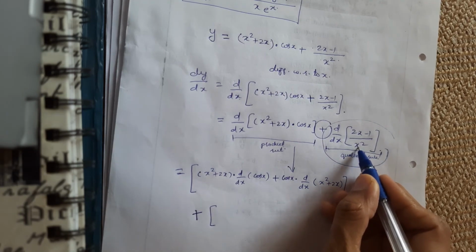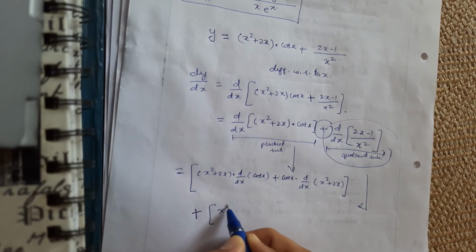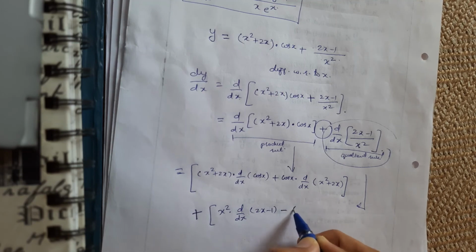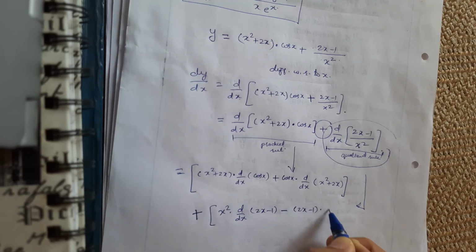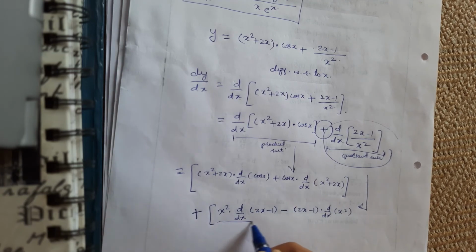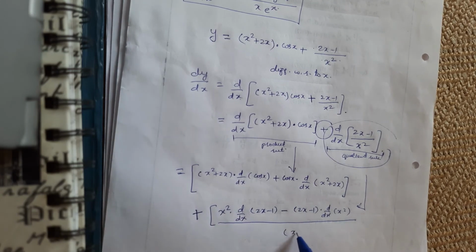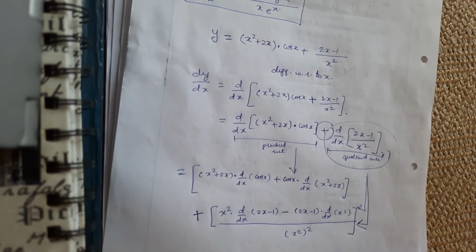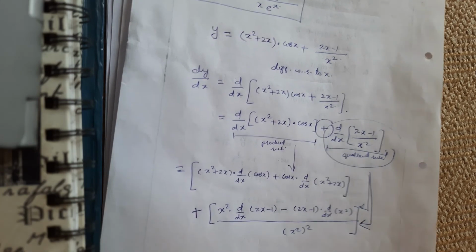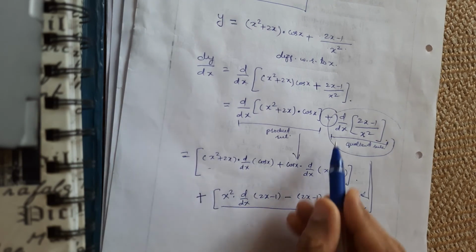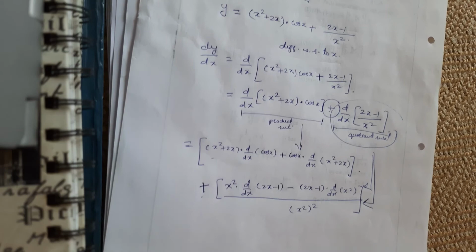We always start with denominator into derivative of numerator, minus numerator into derivative of denominator, upon denominator square. This is the second part of the problem: product rule, quotient rule, and the plus sign as it is.